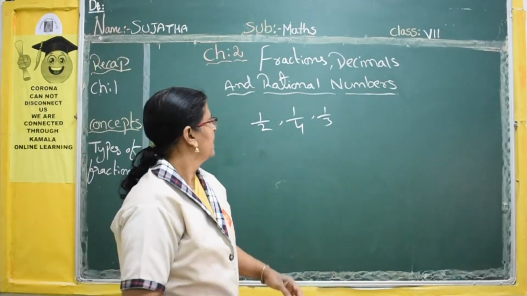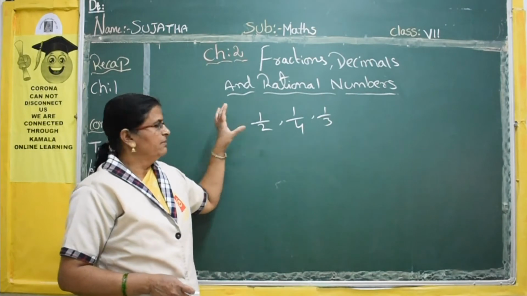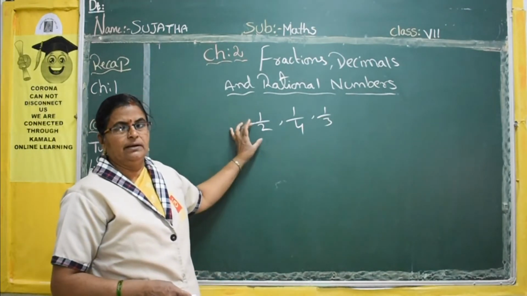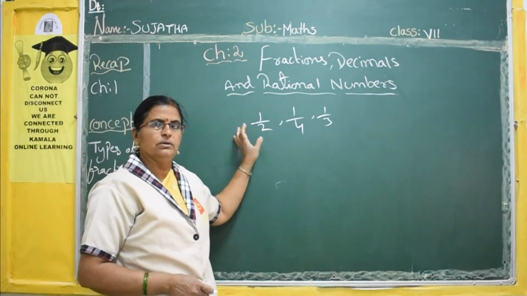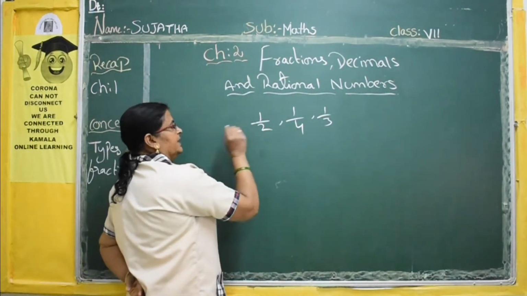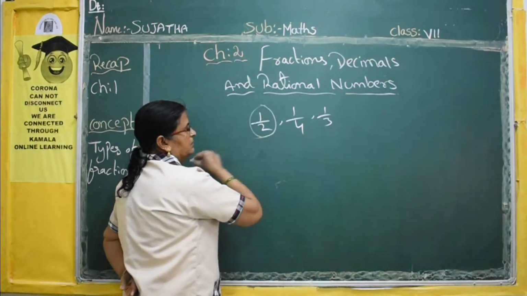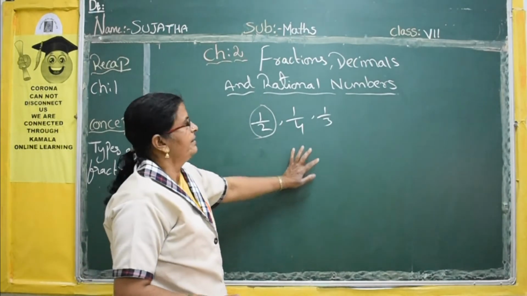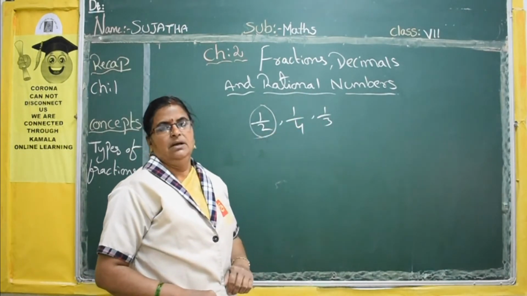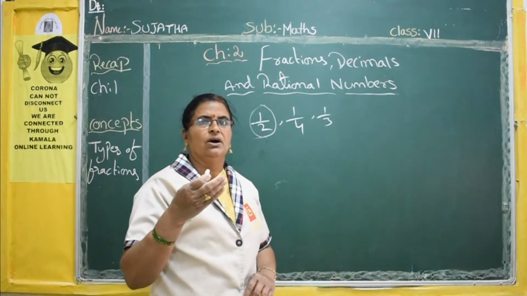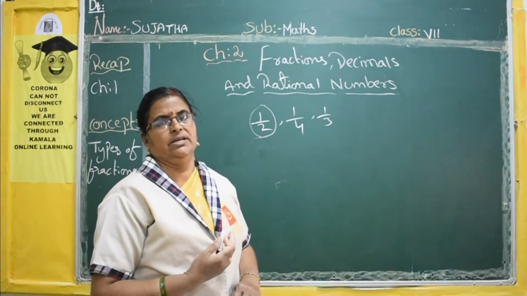So in a fraction, the upper part is called the numerator and the lower part is called the denominator. This numerator by denominator we can call a rational number. After integers, the next set of numbers are rational numbers.